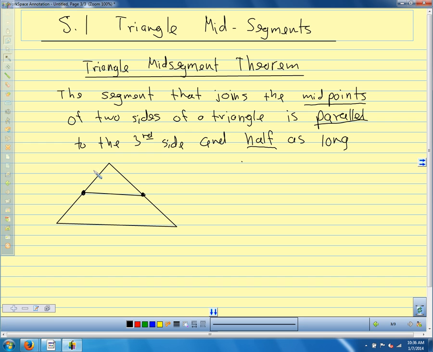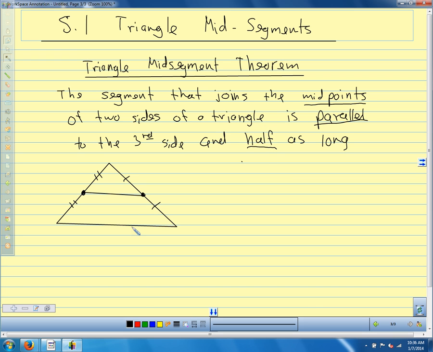They're equal, their lengths are equal, so we can mark them like so. Those are congruent. And this point is the midpoint of this side, so what do you know about these two segments? Same thing, they're congruent. And we know that this segment is parallel to the third side.